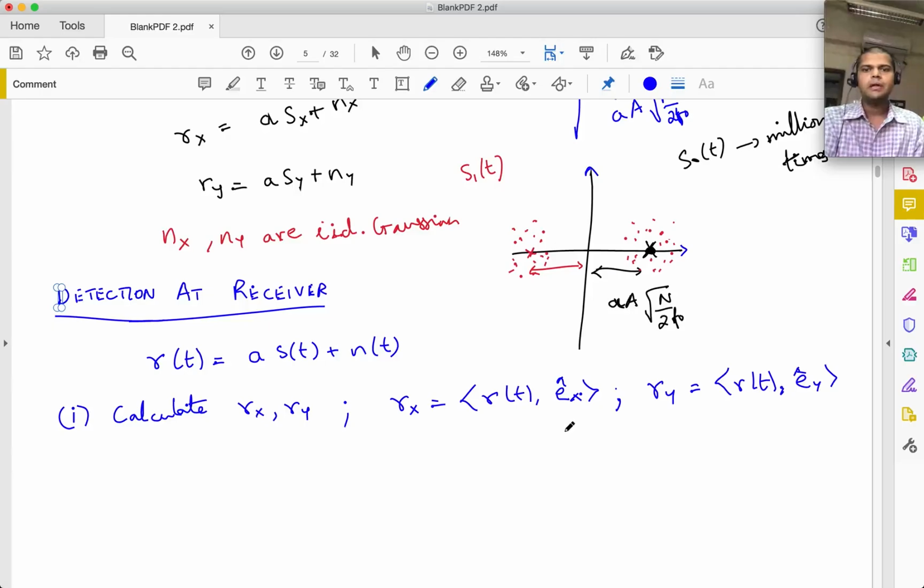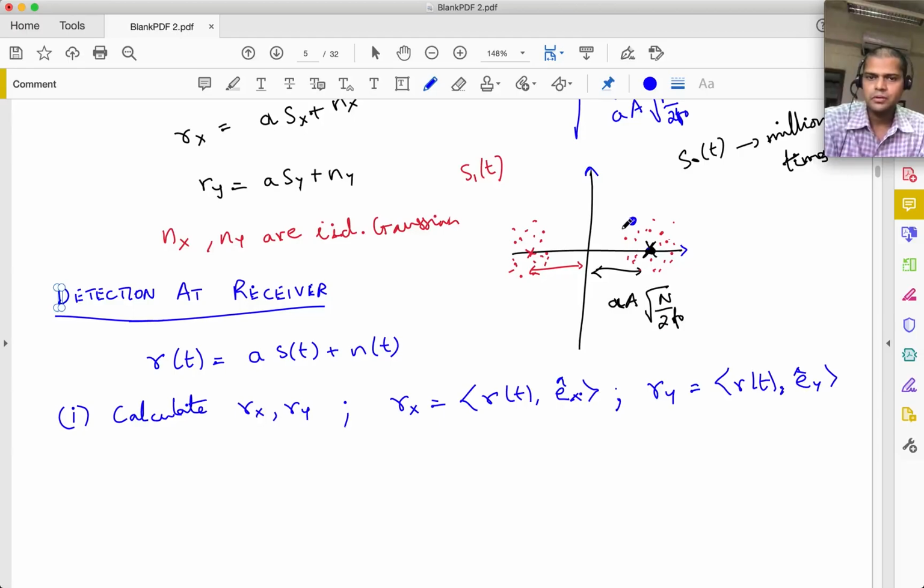Now he has to decide whether S0 was transmitted or S1 was transmitted. So how are we going to do it? Suppose you were at the receiver and you had to decide whether it was a 0 or 1. How would you do it? What we want to see is, suppose this was what I received, is it closer to this point or is it closer to this point?